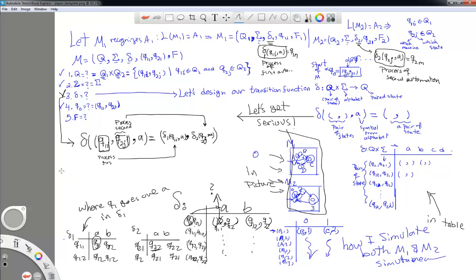Now finally, the fifth element is, what is F? Okay. Now it's really easy to see.